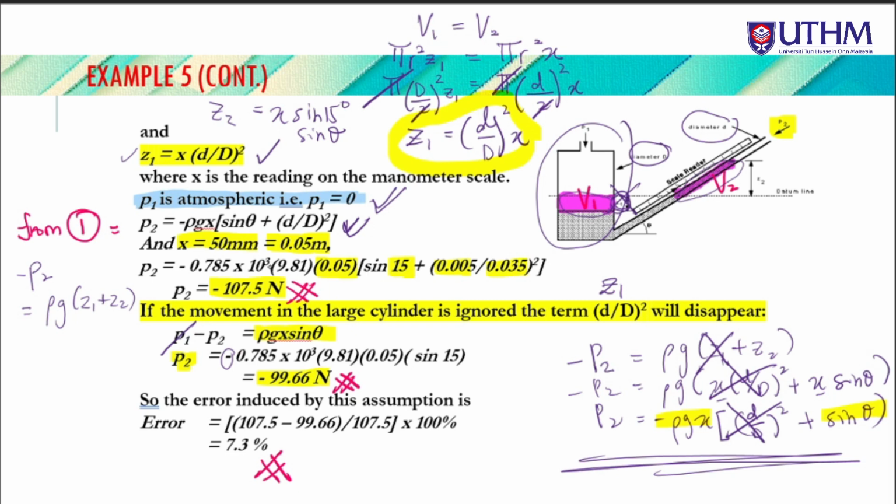Okay, so kita tahu this value besar sangat. So the error is actually comes from these two value lah. And 107.5 minus 99.6 over 107.5 times 100%. Yang ni macam biasalah kita standard untuk kita kira percentage error. Okay, equals to 7.3%. Perbezaan antara yang ni dan yang ni lah. Okay.